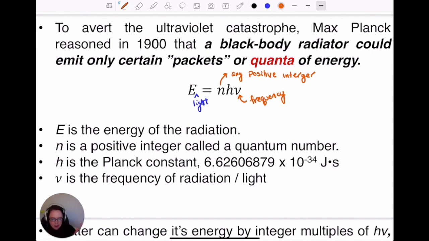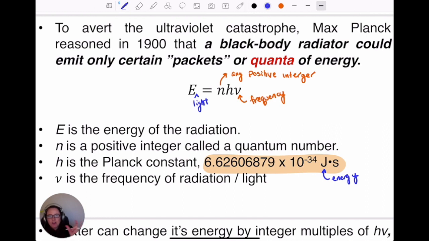So the Planck constant is equal to 6.6260689 times 10 to the minus 34 joule-seconds. So our energy is going to be in joules. And I just want to emphasize how small this really is.